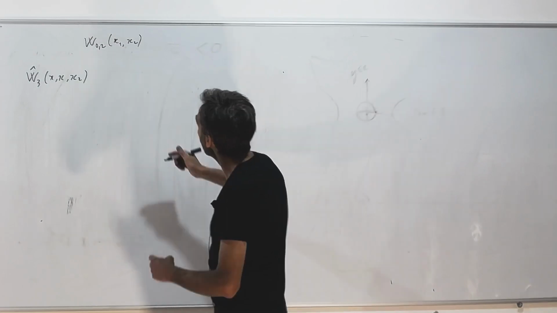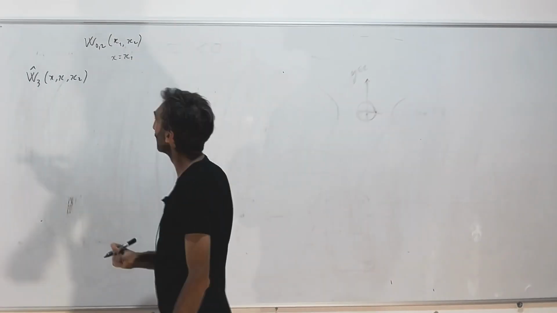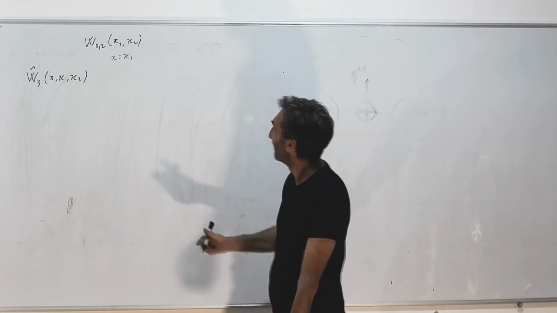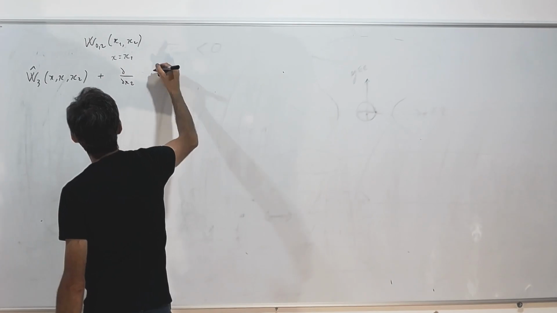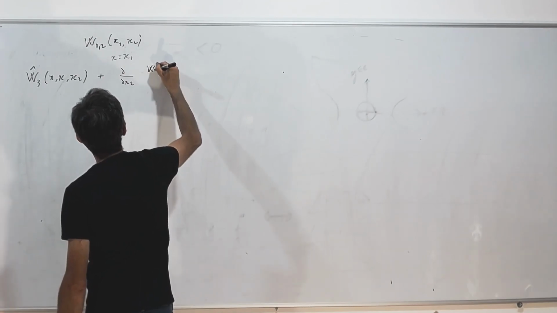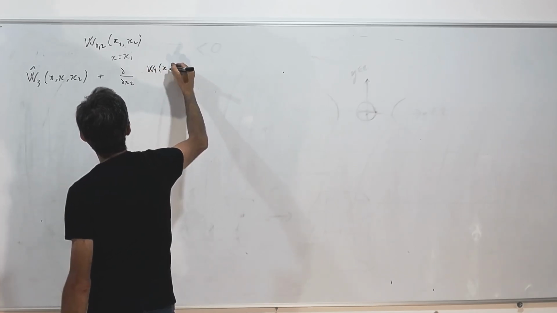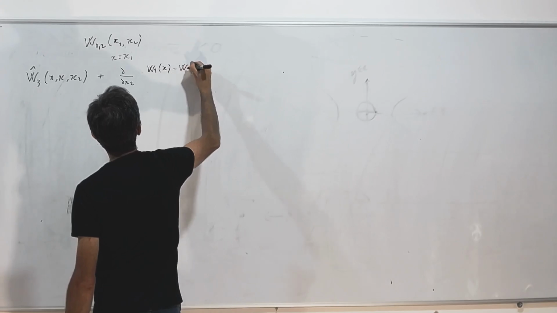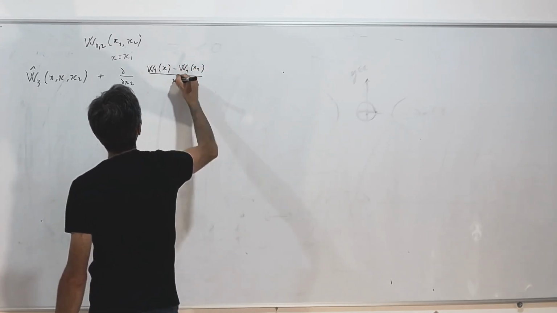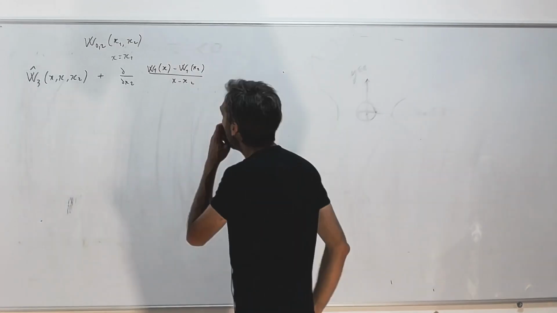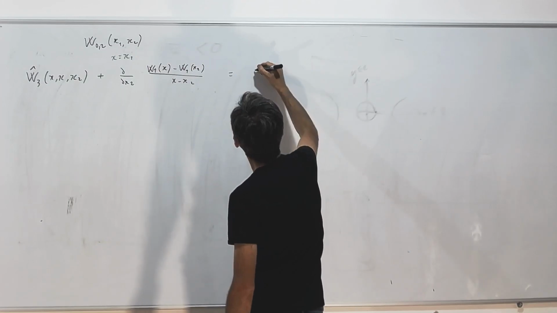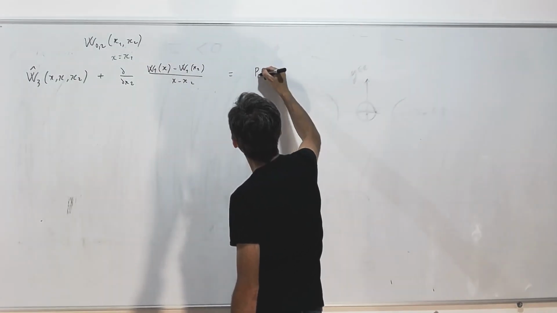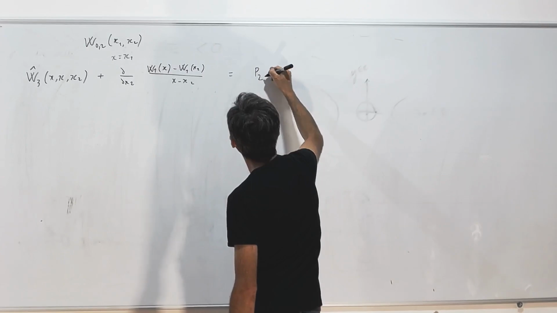And for the moment, let me call x equals x1. It will spare some time. Plus d over dx2 of W1 of x minus W1 of x2 over x minus x2 was equal, I think, to p2 of x x2.